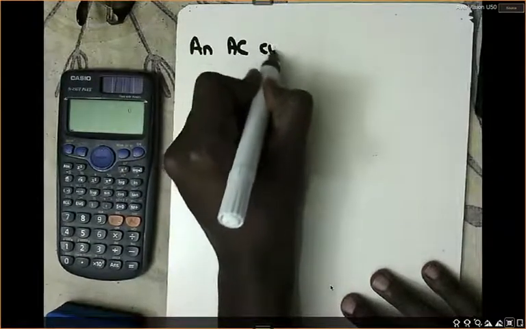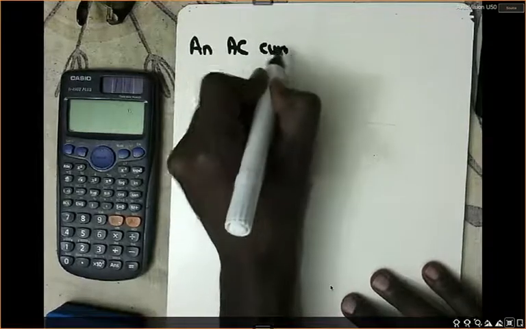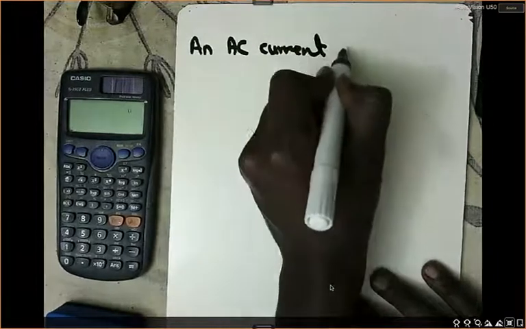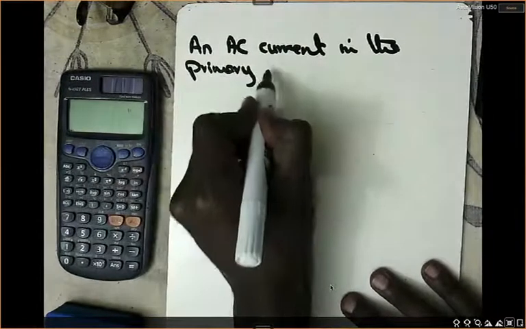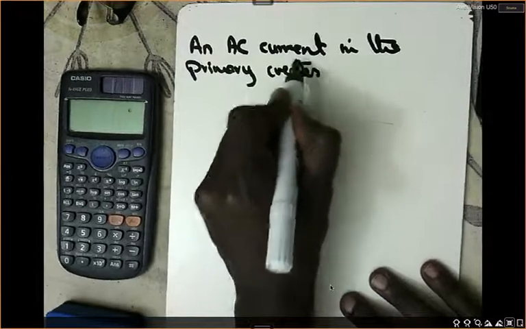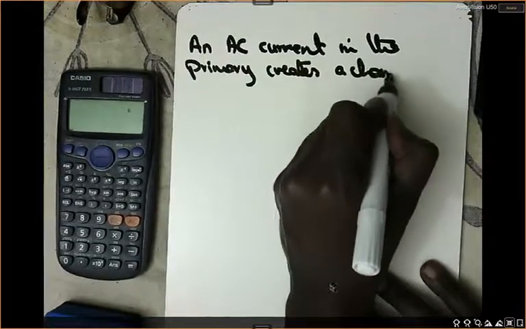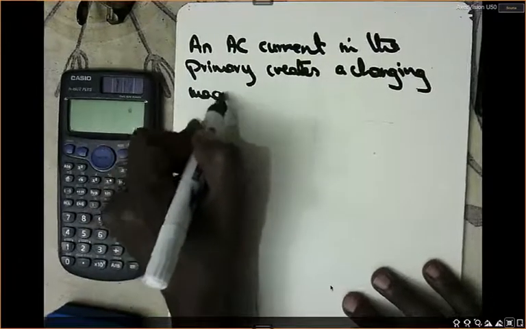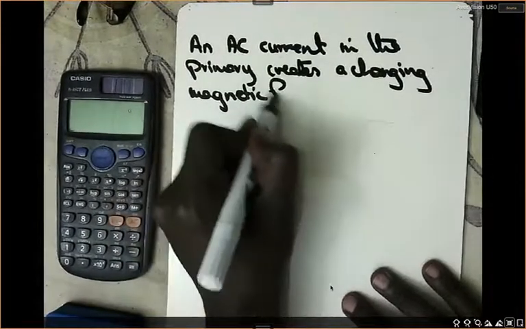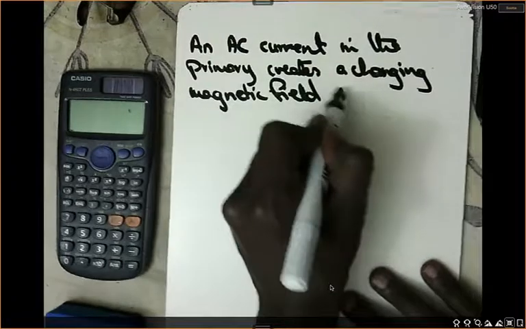One, an AC current or an alternating current in the primary coil creates a changing magnetic field.